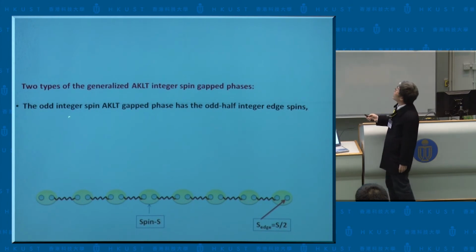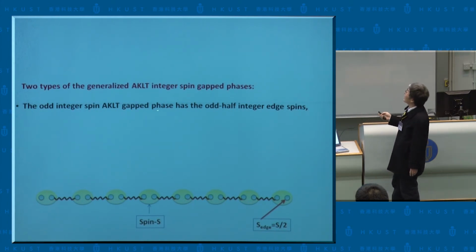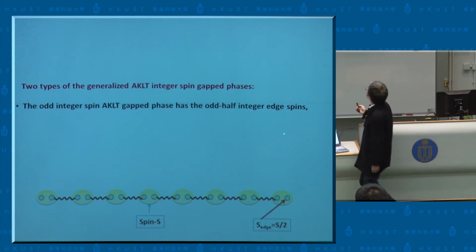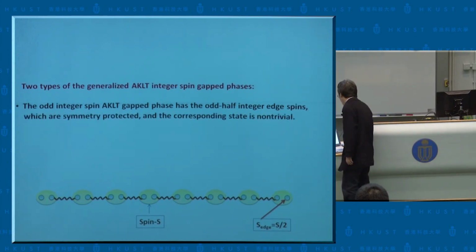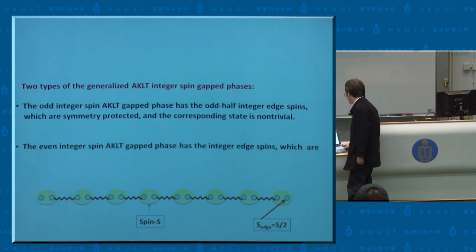First is the odd integer spin AKLT gap phase, which has half-integer edge spins. These edge spins are symmetry protected, so this state is topologically non-trivial.